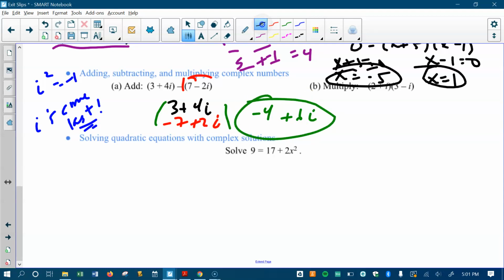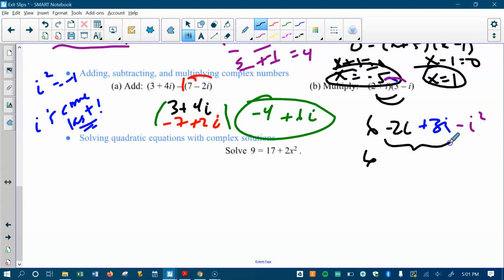And that's my answer. For 2 plus i and 3 minus i, let's just start multiplying it out. I get 6. I get minus 2i. I get plus 3i by doing 3 times i, and I get minus i squared. i squared equals -1, or a different way that students are noting to do this is just change the sign of this -1 and drop the i's for i squared.